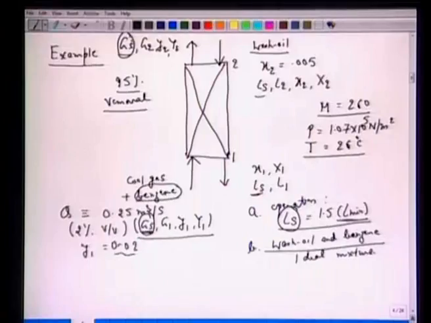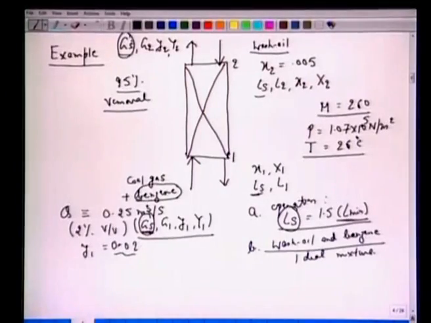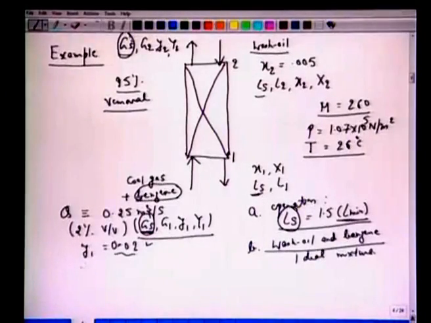Let's try to determine what quantities are given to us. As we said, y1 is 0.02, small mole fractions. So we can determine capital Y1 on a solute-free basis: 0.02 over 1 minus 0.02 equals 0.0204. What is this 0.0204?